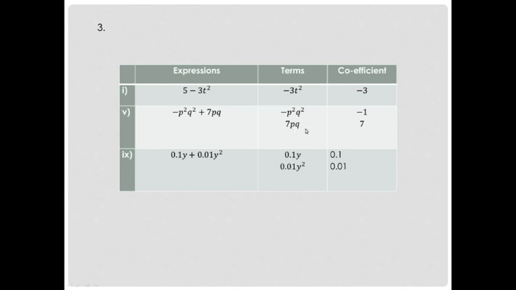Here p, q are the variables and the numerical value 7 is called the coefficient. Here we write. Same thing happens in question number 9. 0.1y plus 0.01y square. Here 0.1y and 0.01y square are the terms that we have. And the coefficient here is 0.1 and the coefficient here is 0.01.